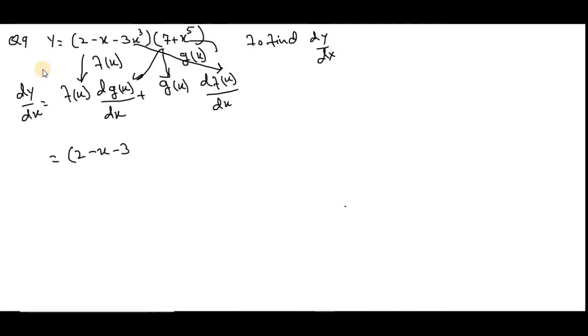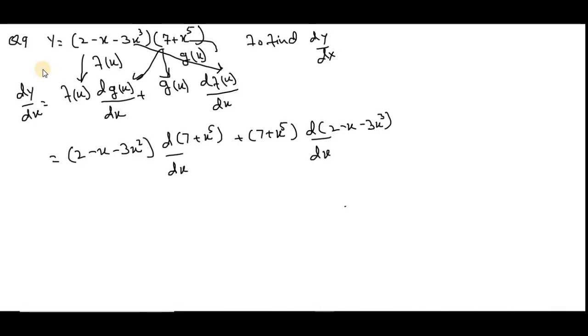So f of x is replaced here: 2 minus x minus 3x cube, d by dx of 7 plus x to the power 5, plus 7 plus x raised to power 5, d by dx of 2 minus x minus 3x cube.